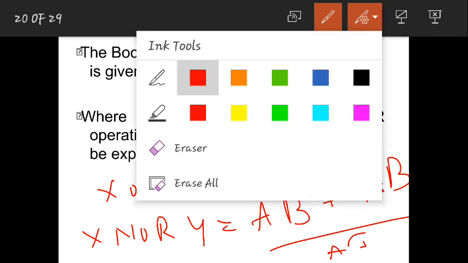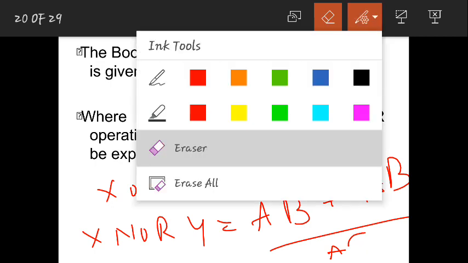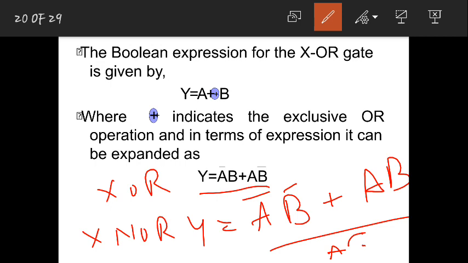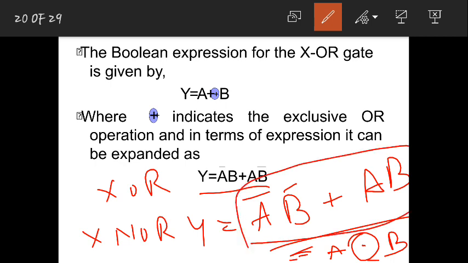Sorry, it's not plus, it is dot. This is for A XNOR B. XNOR is represented by this dot inside the circle, and when you expand this, this is the expression you get for XNOR operation, and this is the symbol for XNOR operation.